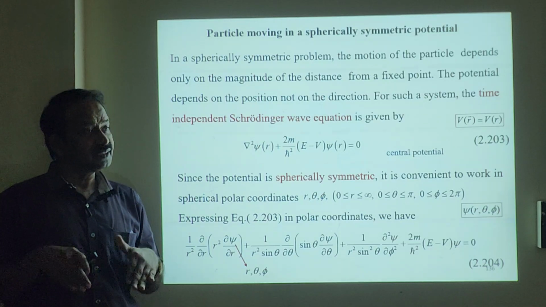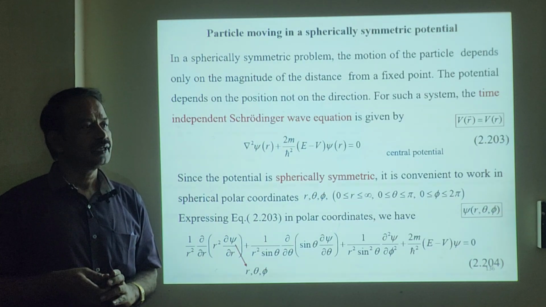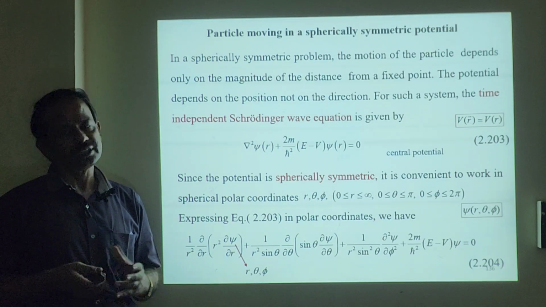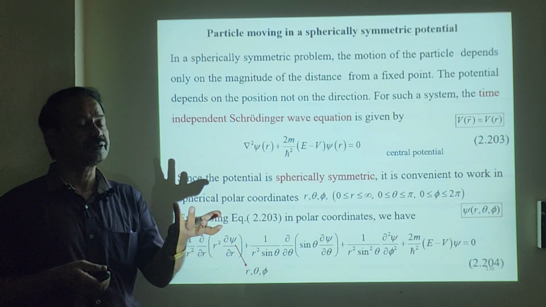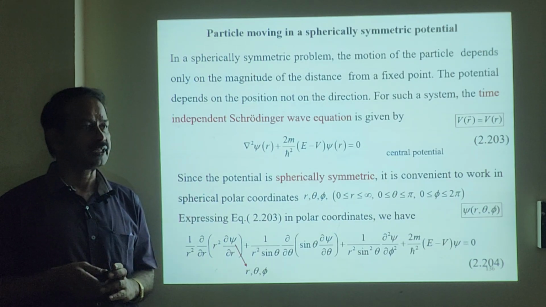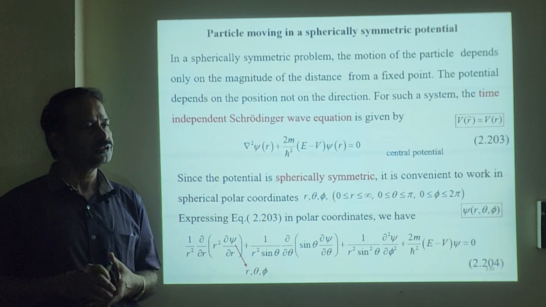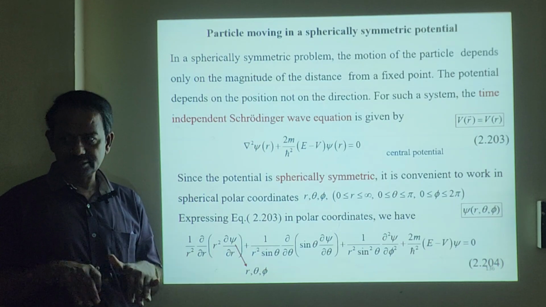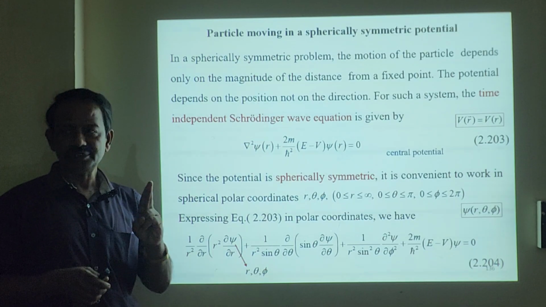Some existing problems, for example diatomic molecules, some models, and even the atom itself, can be solved using spherical polar coordinates, the hydrogen atom problem. They are all very simple things. In this class we are going to have two sessions.